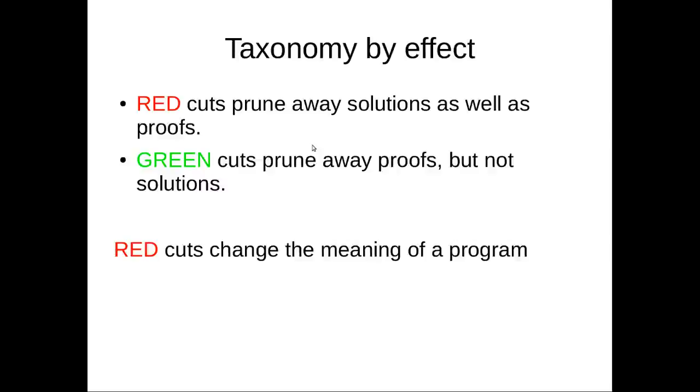They change the logical meaning of the program. In fact, red cuts are going to make your program not logically pure. So even if you have no side effects, they are effectively a side effect. Green cuts will cut away proofs, but not solutions.